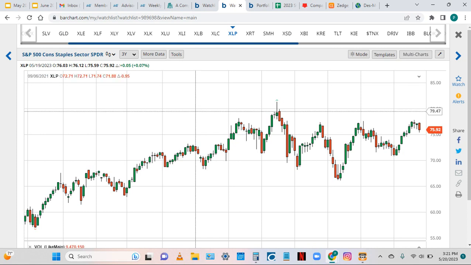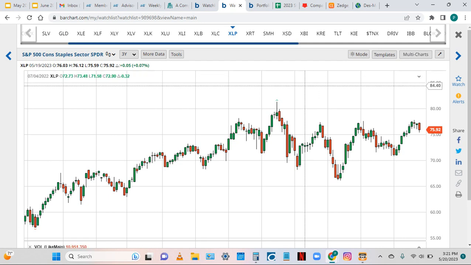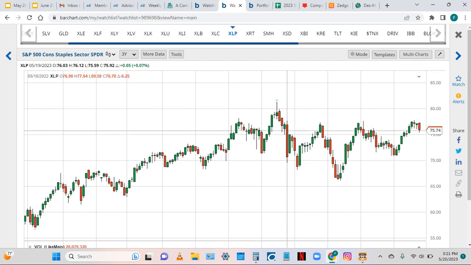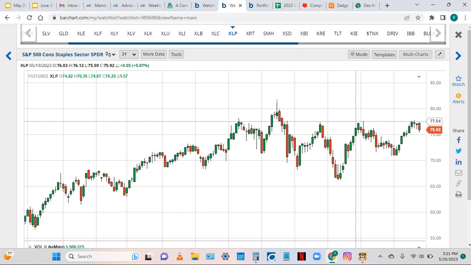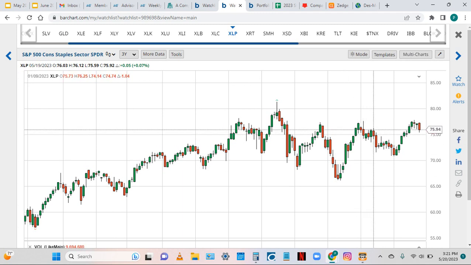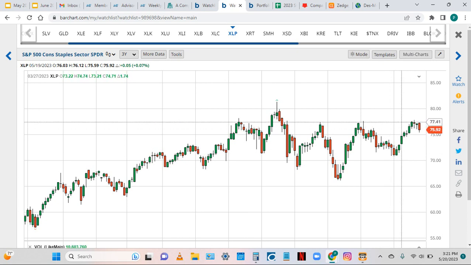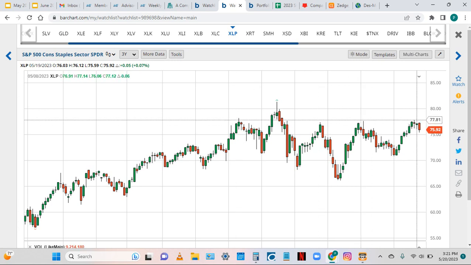Here I'm showing you the XLP. This is the consumer staples, which is kind of the opposite of consumer discretionary. So this is stuff that you kind of need to buy over and over again. It is at resistance. You can see the resistance pivots here, 1, 2, 3, and 4, and now it's rolling over again.